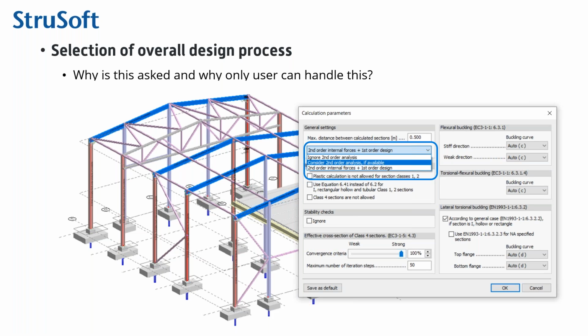But anyway, this is the basic question, which is hard to explain. The options are: ignore second order analysis, consider second order analysis, or the third option, second order internal forces plus the first order design. This is confusing for most users, at least if you are beginning to use the software or beginning to use the Eurocode in general.